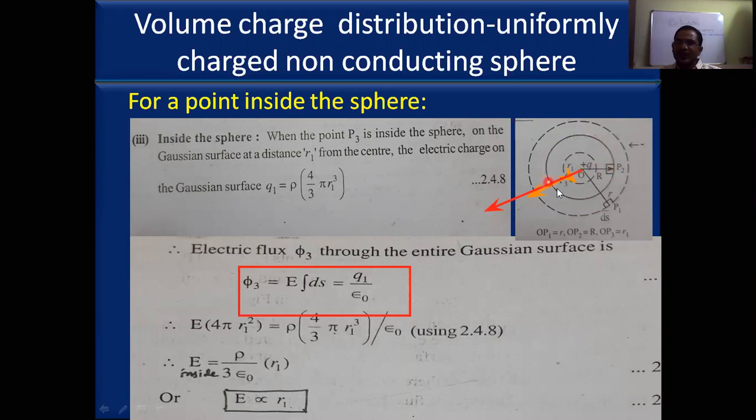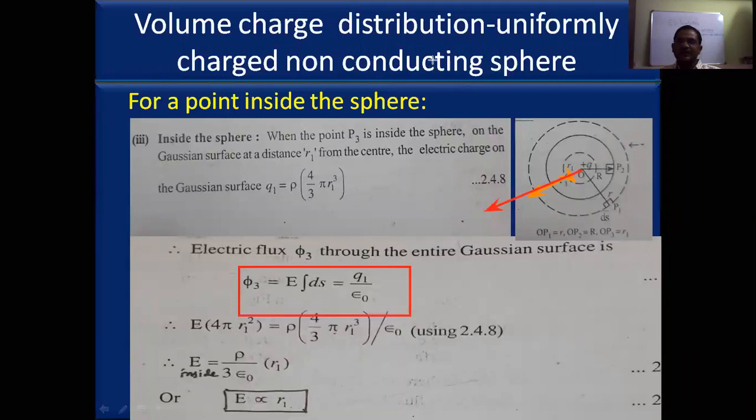The total non-conducting sphere has total charge q, but this inner portion of the sphere has only the q1 charge. Hence we have written 1 by epsilon naught into q1. Now, the integral of ds is equal to what? That is 4 pi r1 square.